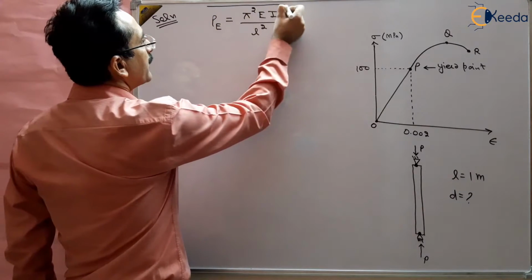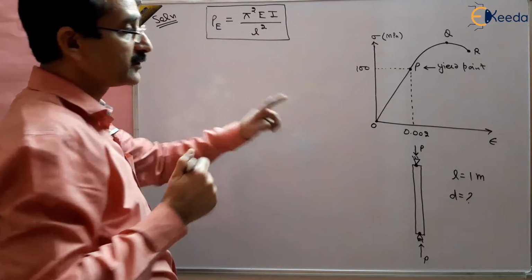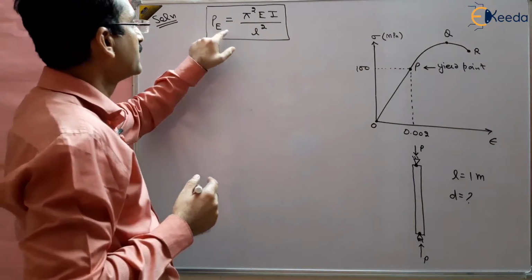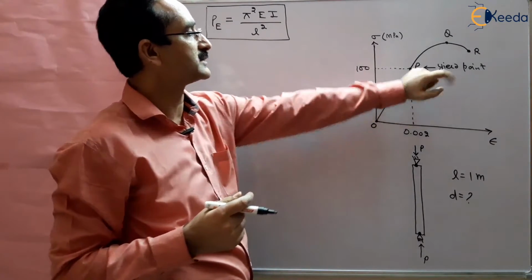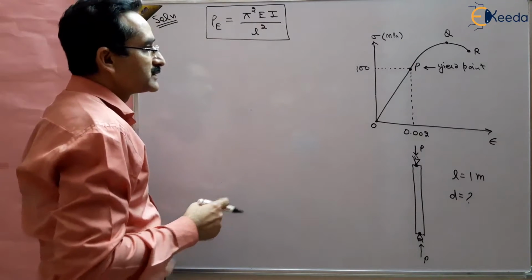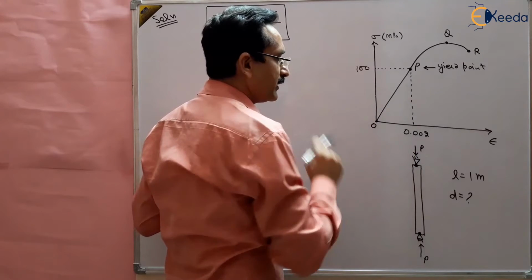For a pin joint, the formula is this: pi square EI upon L square. This is the Euler load, the safe load, which we have to find out. Safe point is this, and stress is given to us at this point, 100 megapascal. Strain is given to us, right?